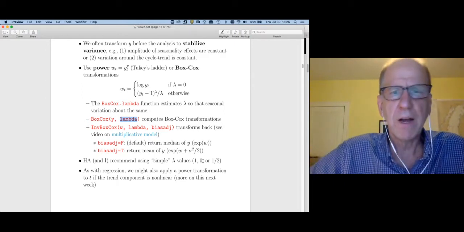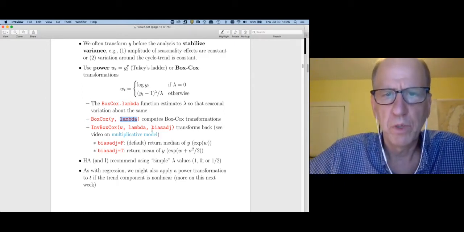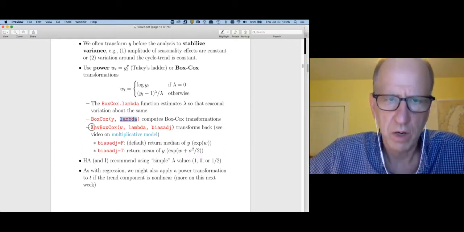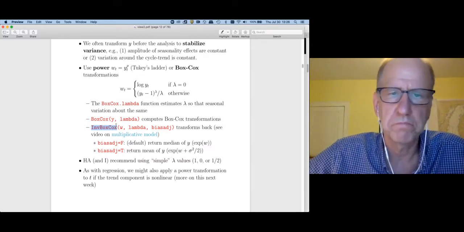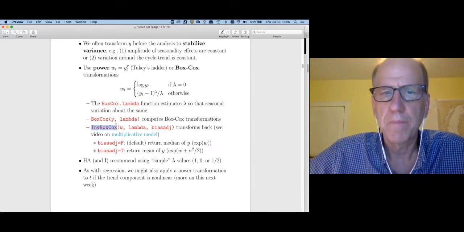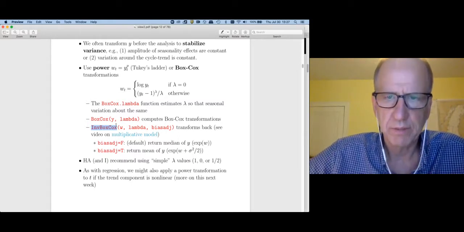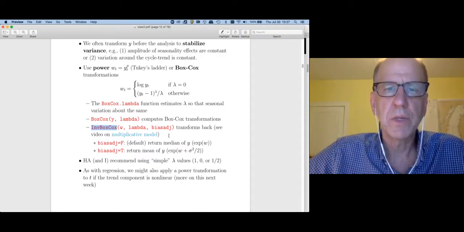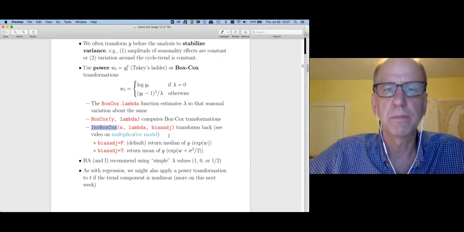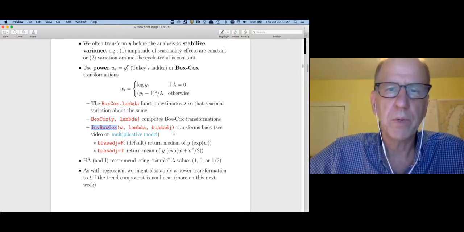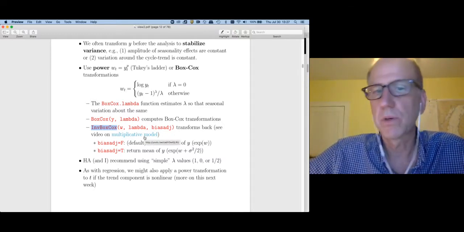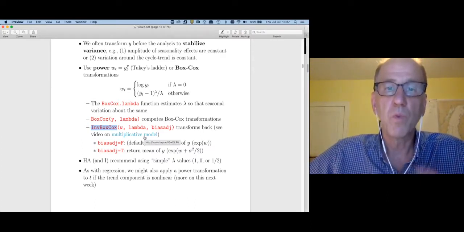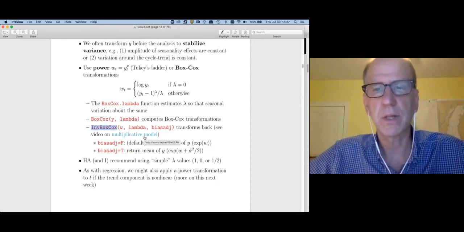Finally, there's an additional term, which is this bias adjustment. You have to tell R, when you transform back, whether to do a bias adjustment. What does this mean? In order to understand this, we need to recall some properties of the log normal distribution. By the way, I have a video on the multiplicative regression model that is worth watching. I'd recommend you watch this if you didn't take my earlier class.